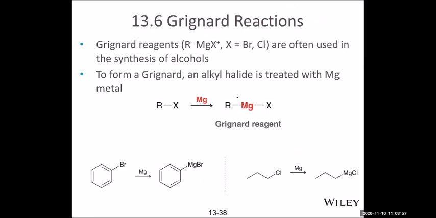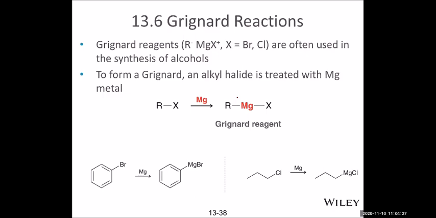So there's another way to give you alcohol that's very unique and different from the others. We use Grignard reagents. You'll see Grignard reagents more in the next semester, because next semester we're studying the reactions of carbonyl compounds. But here we just introduce the Grignard reagents, discovered by the French chemist Grignard.